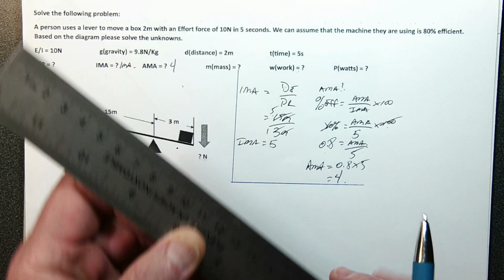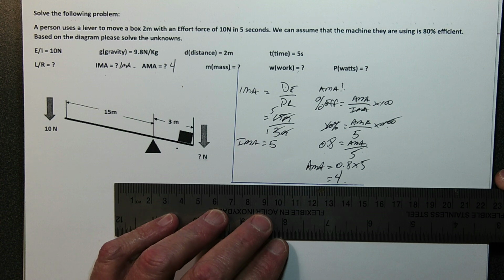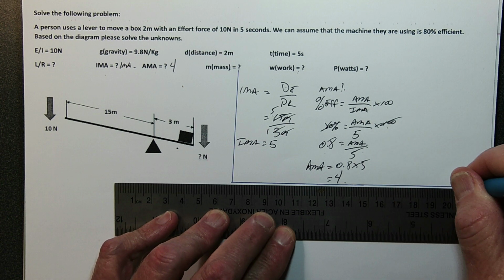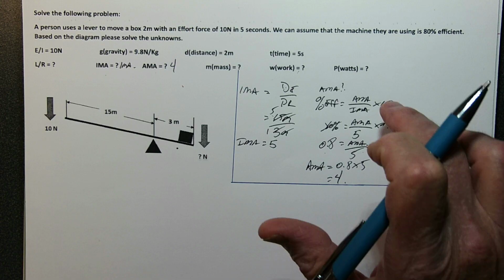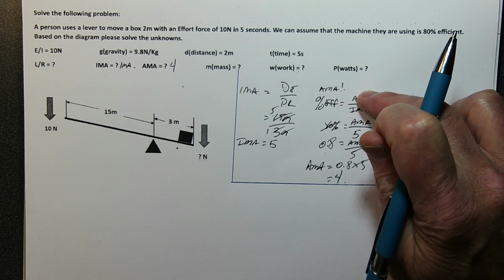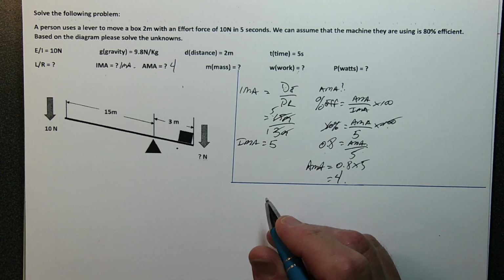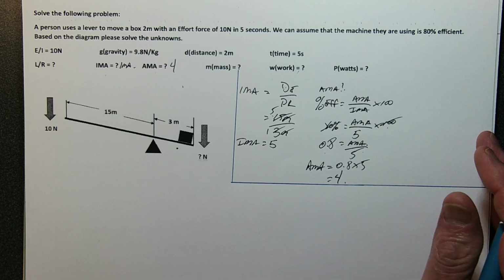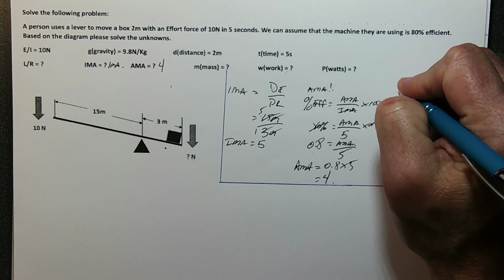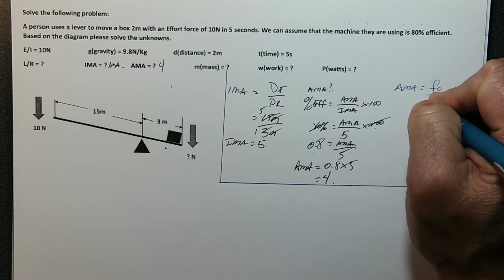Another way to find the AMA, or actual mechanical advantage, is by dividing, and you have this in your formula, your force out by your force in.